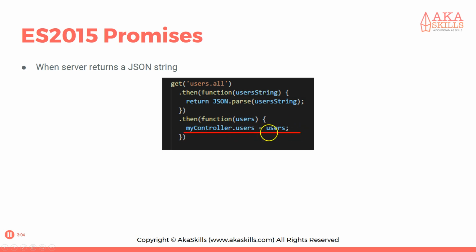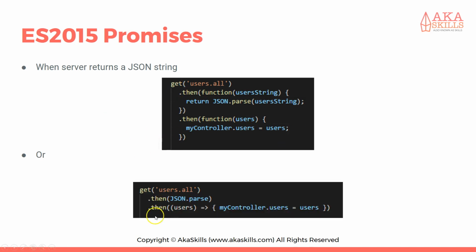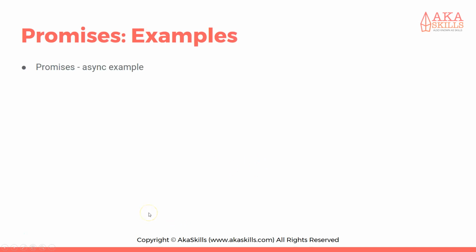I would like to say that myController.users equals users. Or you can say get users.json and say then JSON.parse. And this is absolutely the same as this line, but you can see it's much easier. And then say .then users goes to this object. And again, instead of functions, actually here we're using arrow expressions.